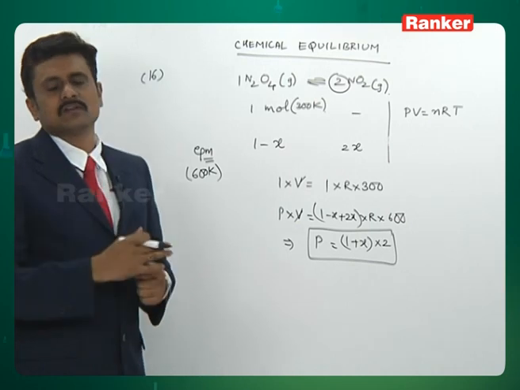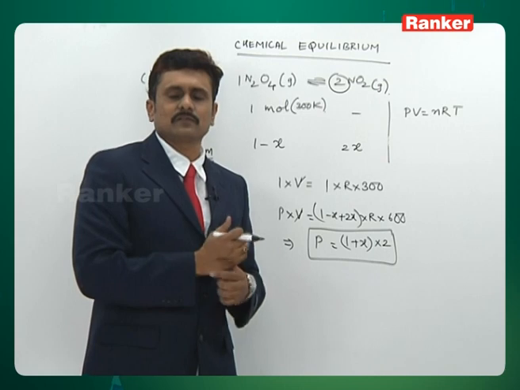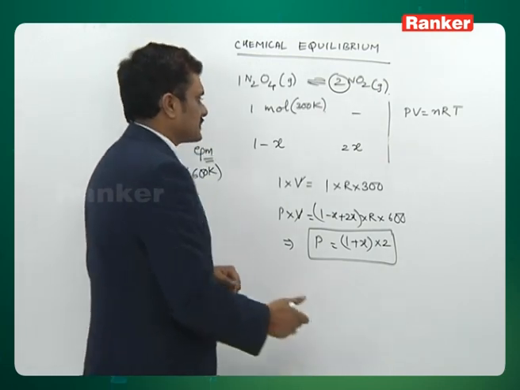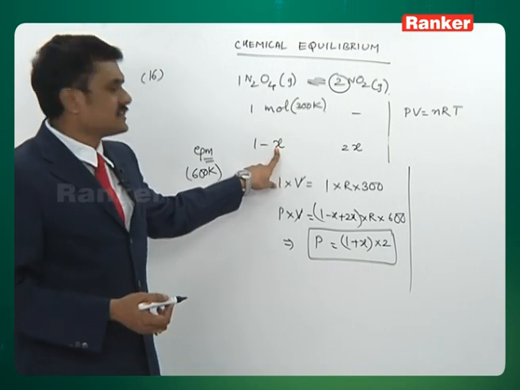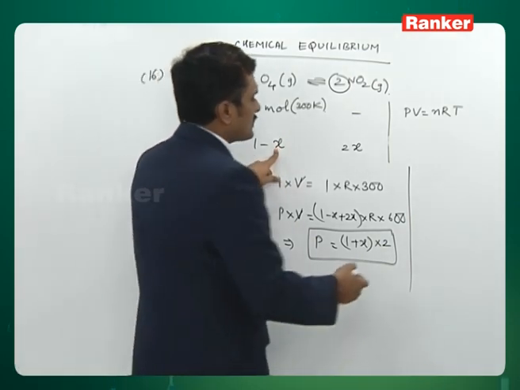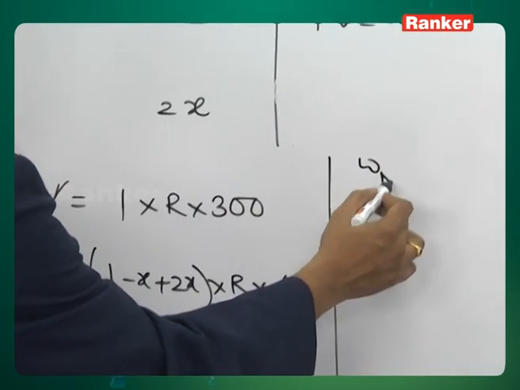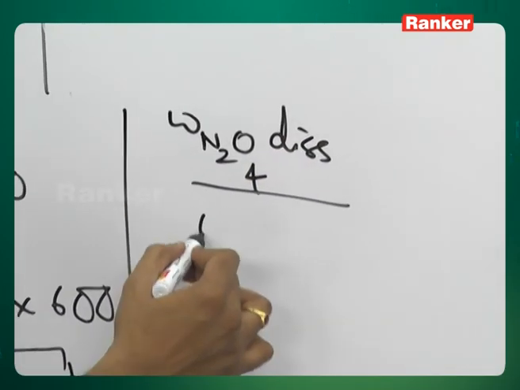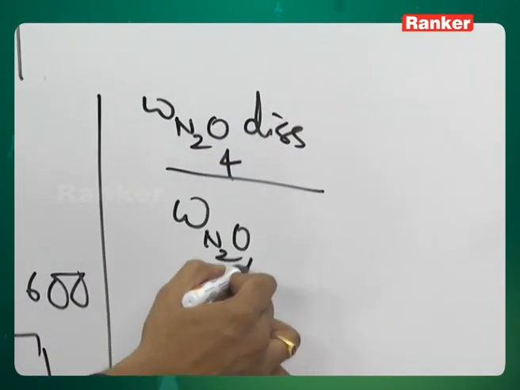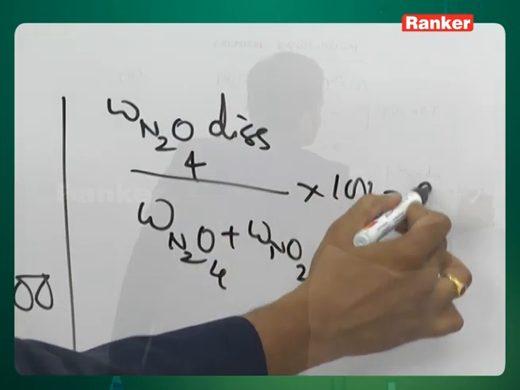Now one more piece of information is provided in the question, that 20% by mass of N2O4 has undergone dissociation. That I am going to use. The number of moles of N2O4 dissociated is x. So the weight of N2O4 dissociated divided by the total weight, that is the weight of N2O4 and the weight of NO2, into 100, is provided as 20.